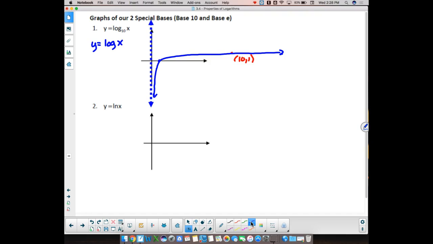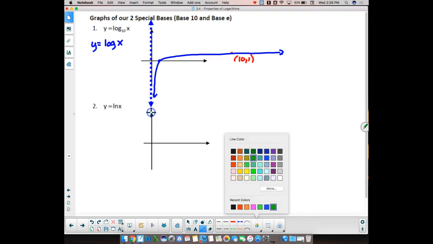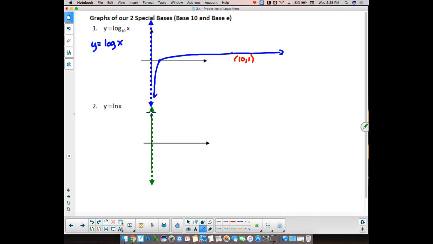Natural log of x is log base e. It's going to go through the point 1, 0. Then it's going to make a turn, and it's going to go through the point 2.7, 1.